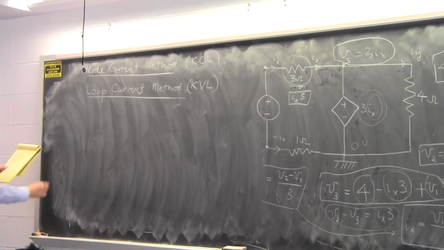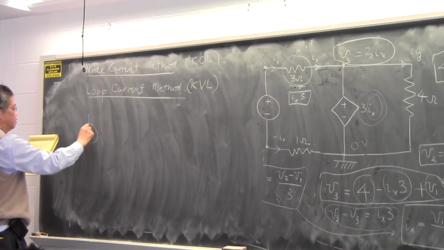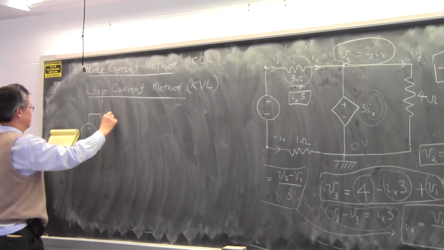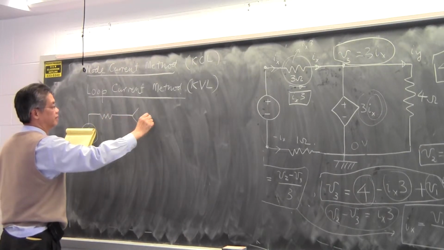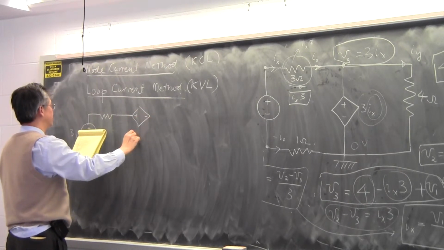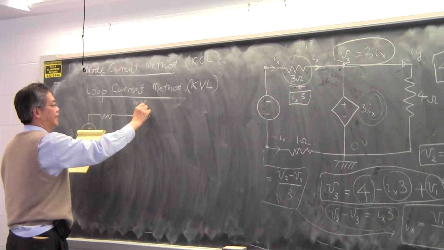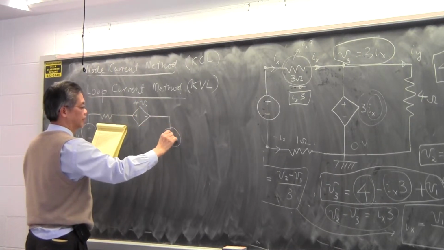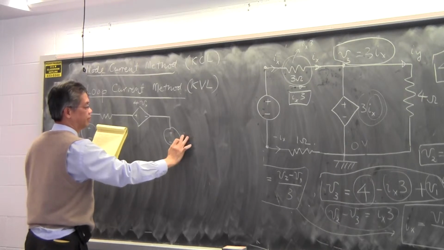So let's do a very simple example. A 3-volt source over here, a resistor over here, and a voltage controlled voltage source, 4Vx. And then you have a 2 volts over here.